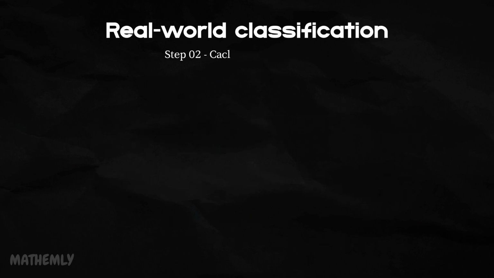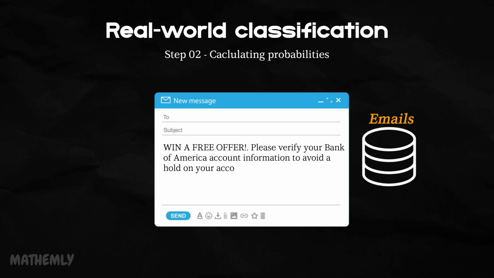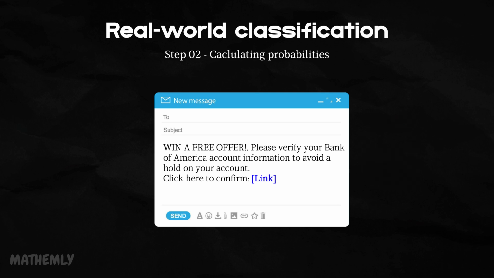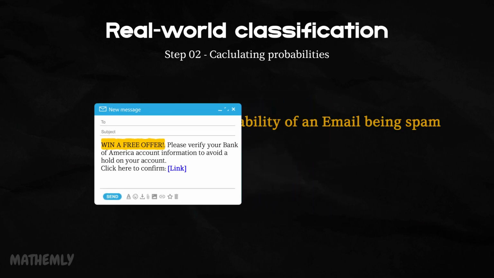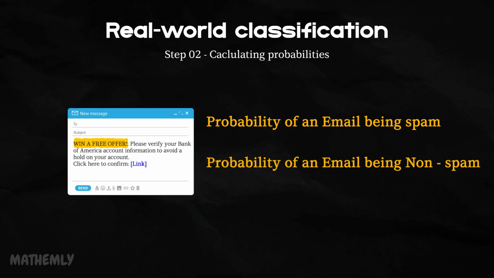Step 2: Calculating probabilities. When a new email arrives, the model looks at each word and checks how often it appeared in spam versus non-spam emails in the training data. Let's say our new email contains "win a free offer." First of all, let's compute the overall probabilities of an email being spam or not spam in the dataset.